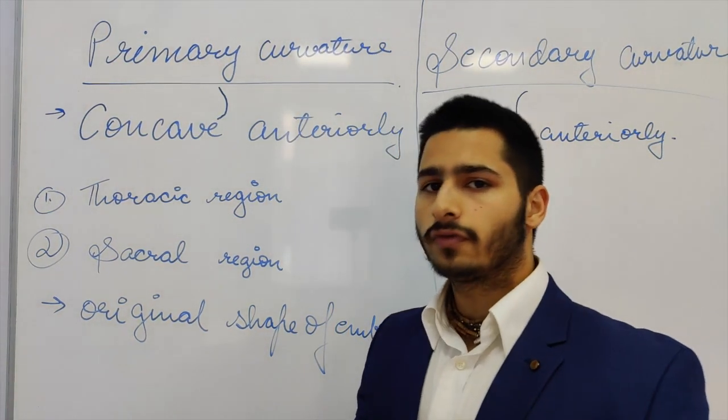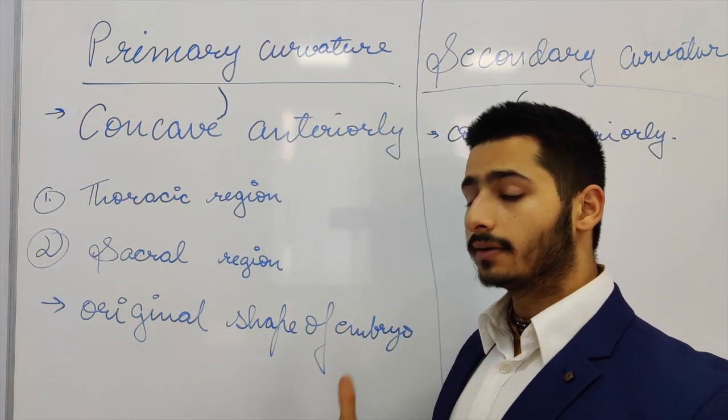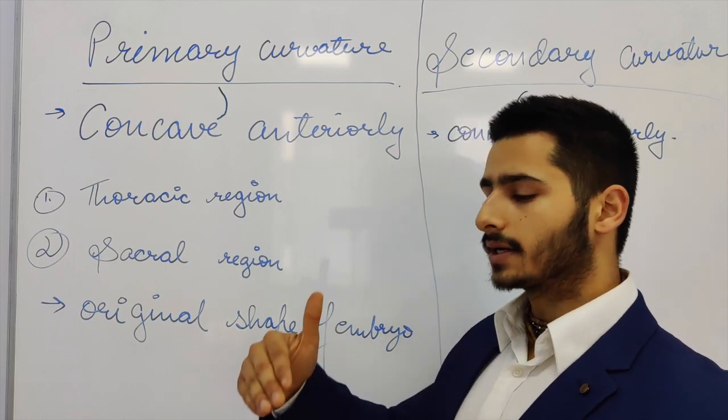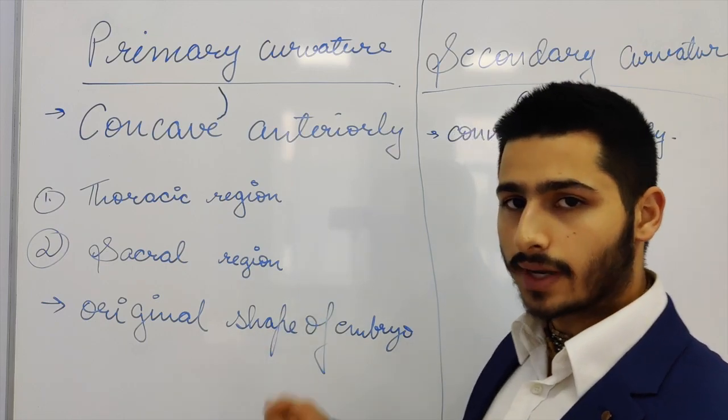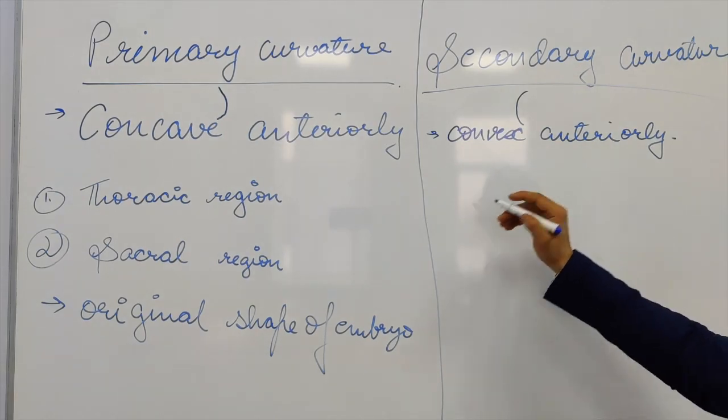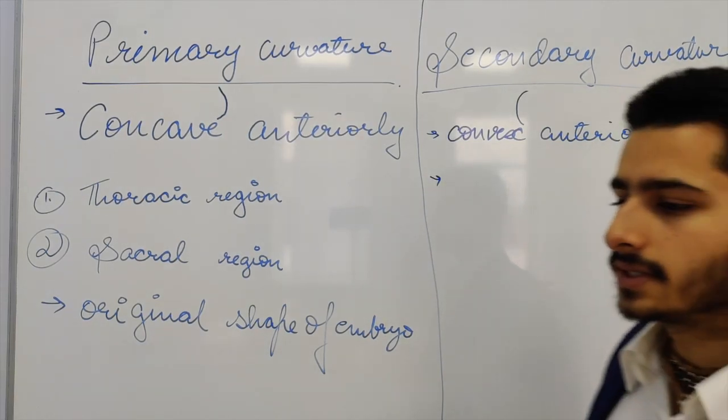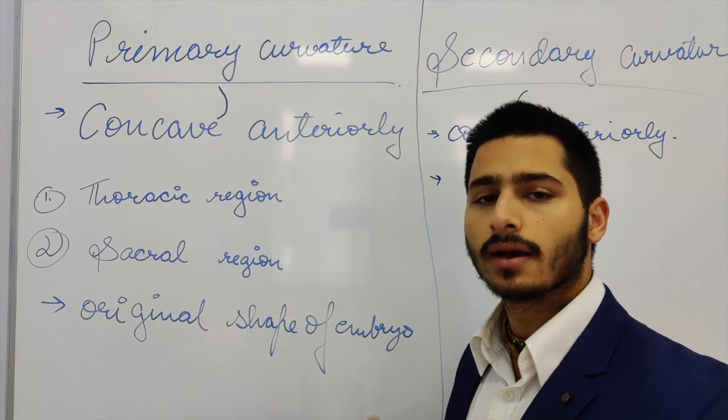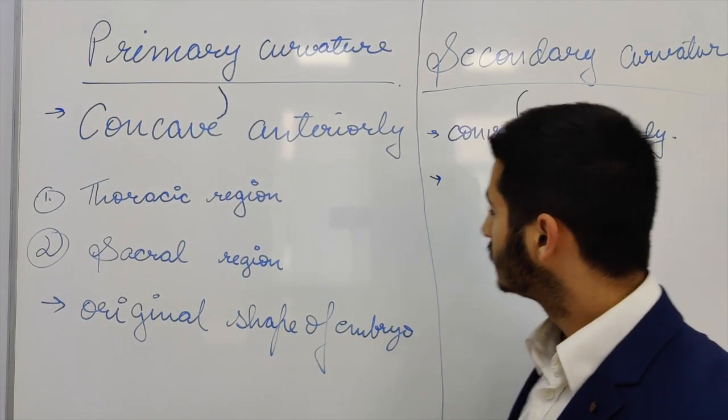When you view from the lateral side, you will see that the vertebral column has a convex shape.